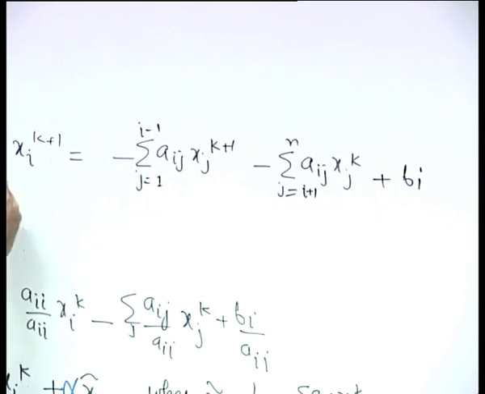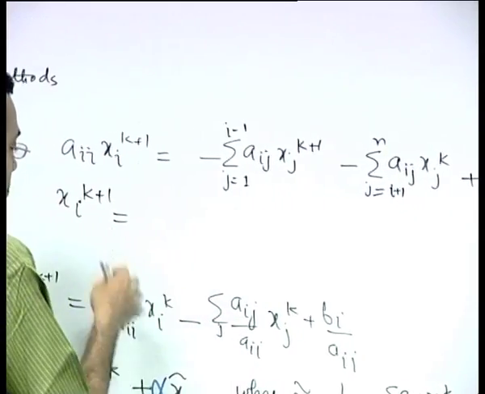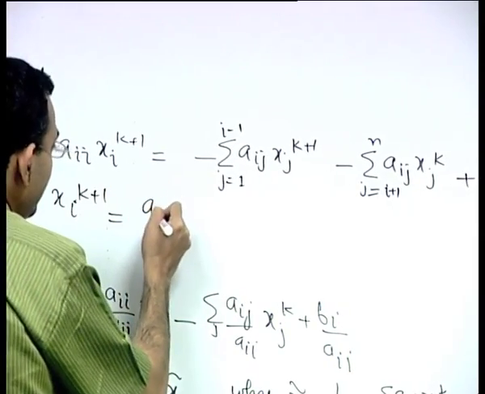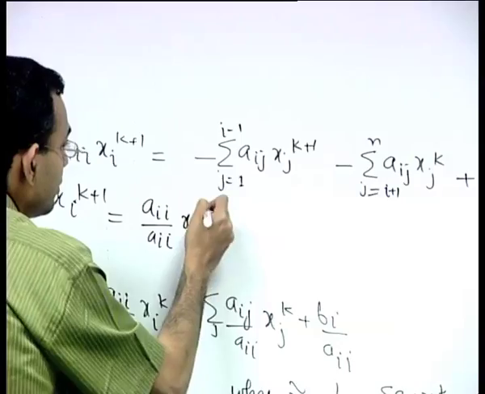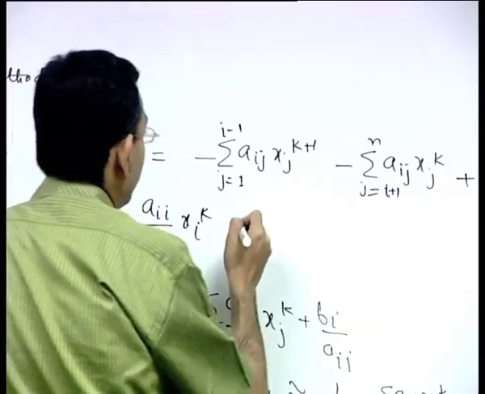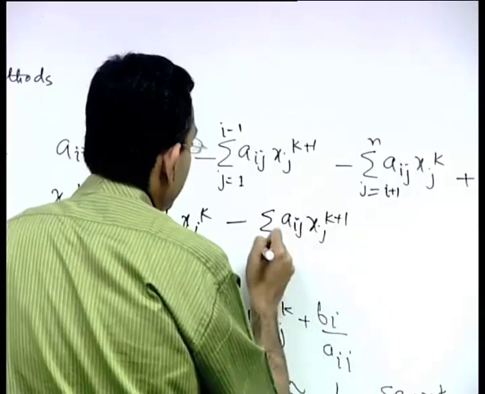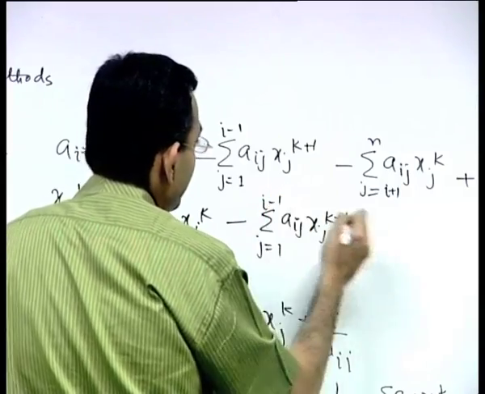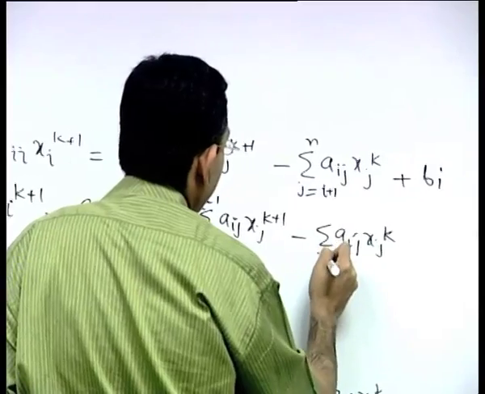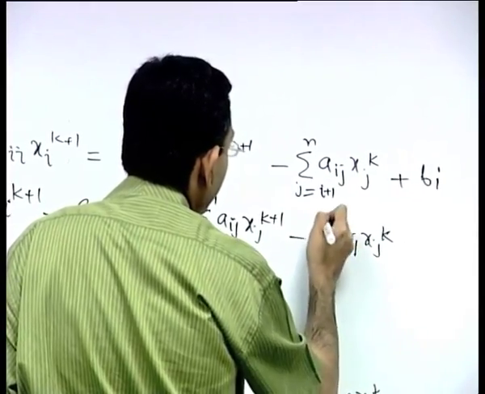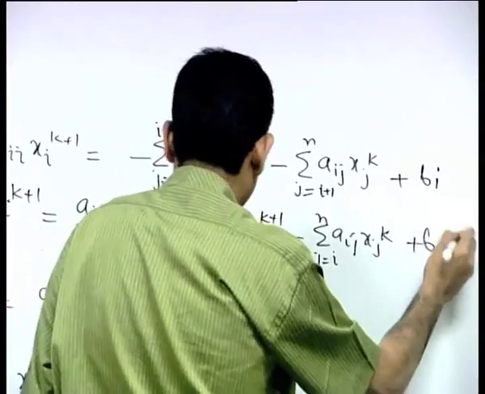So you can write xi k plus 1 is equal to, just like the previous case, you add aii by aii times xi k, minus summation of aij xj k plus 1, j is equal to 1 to i minus 1, minus summation of aij xj k, now j equal to i to n, because you have added one aii, plus bi.